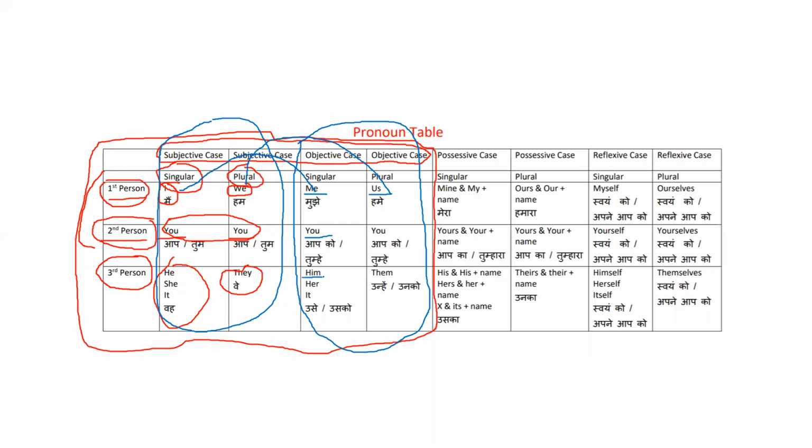Him is the objective case of he, her is the objective case of she, and it is the objective case of it; it can be used the same in both subjective and objective case. Them is the objective case of they.